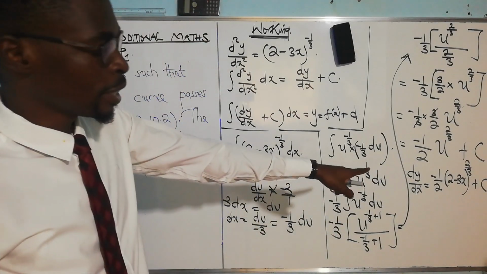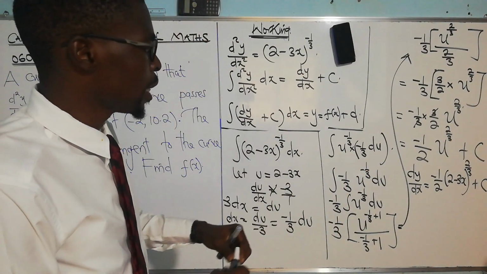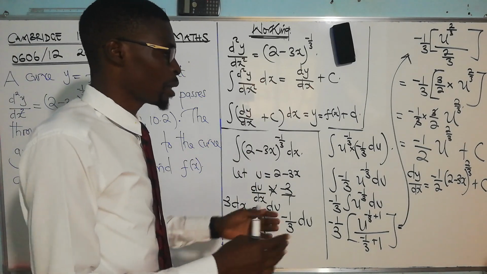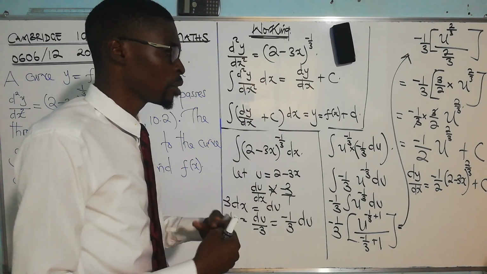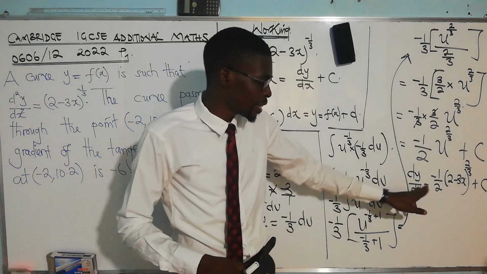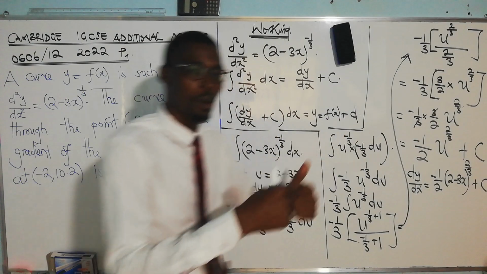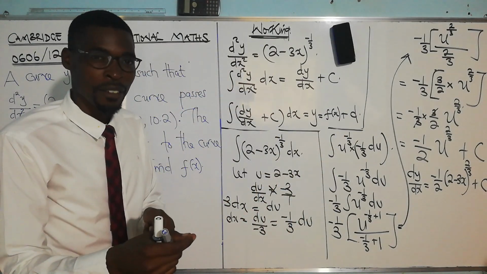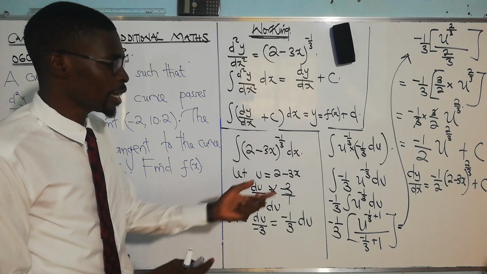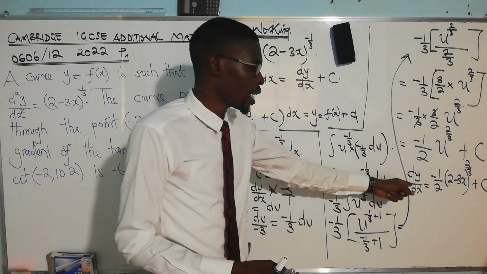That is the derivative, dy dx. That's what we get when we integrate the second derivative. But what is c? We need to know what c is going to be. Take note here that this derivative, dy dx, is called the gradient function of the function itself. So the gradient function, which is dy dx, is this one.